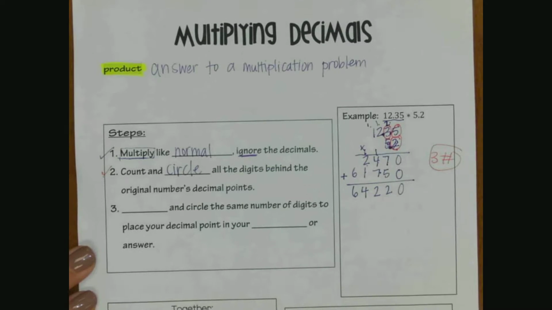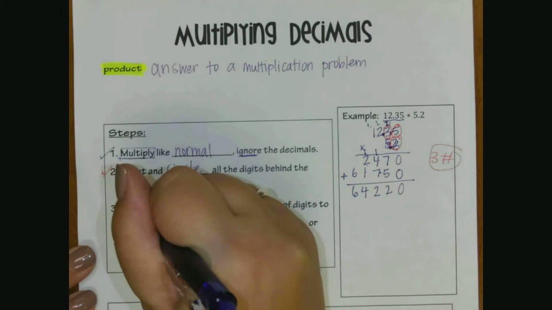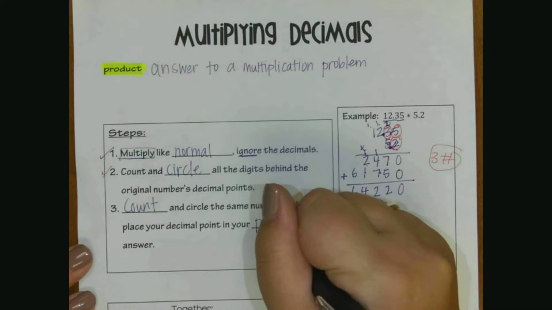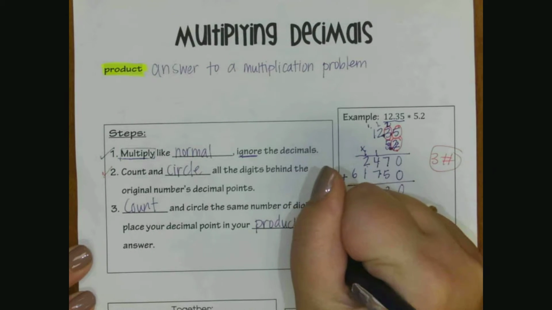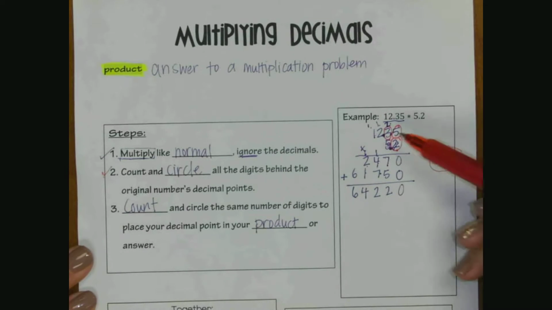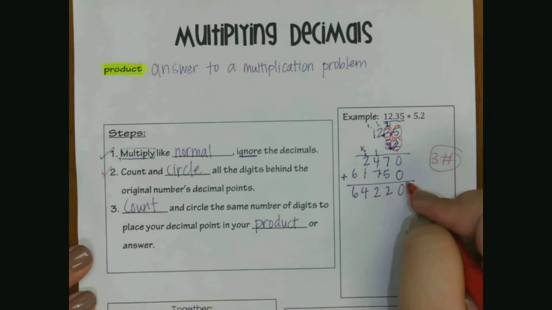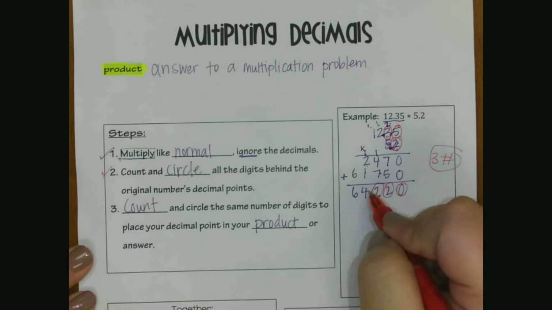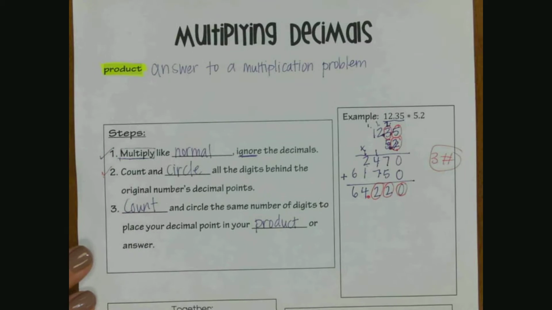So my third step is to count and circle the same number of digits to place your decimal point in your product or answer. So those 3 numbers that I circled up here, I am also going to circle the 3 numbers in my product, and that is where my decimal point goes.